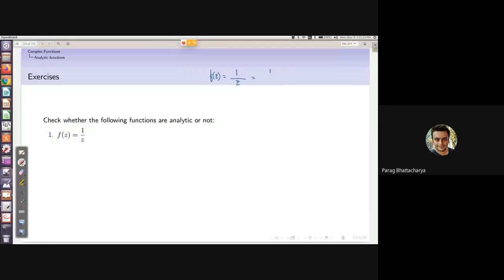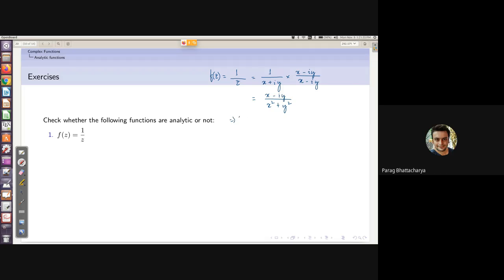So this can be written as 1 by z, where z is x plus iy. Then you multiply and divide by the conjugate, that is x minus iy divided by x minus iy. And this gives us x minus iy divided by, since the multiplication of a complex number with its conjugate gives the magnitude squared, x squared plus y squared. So this is your f of z.